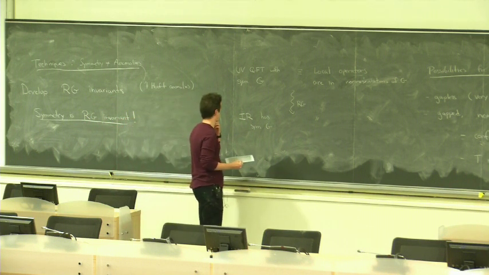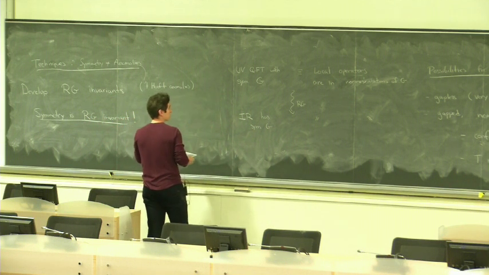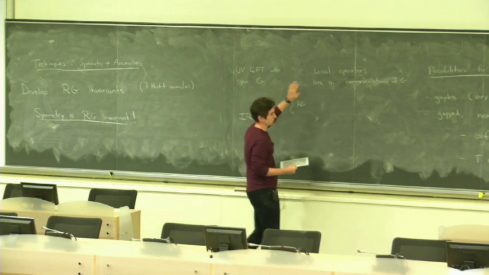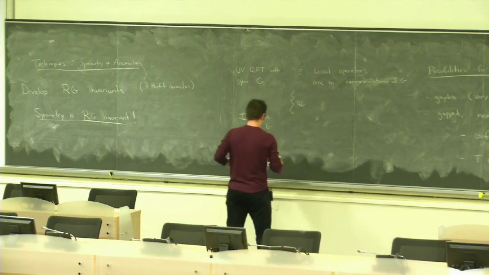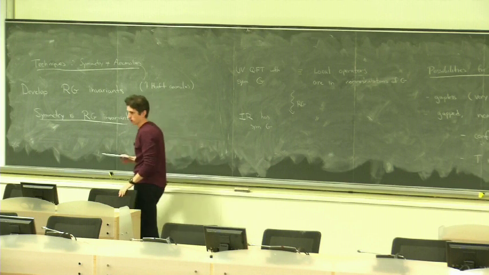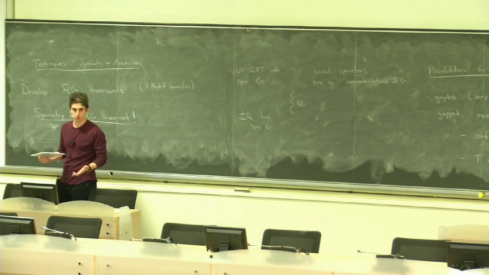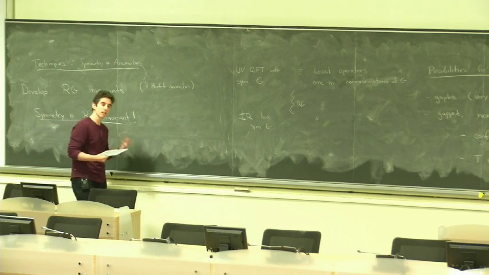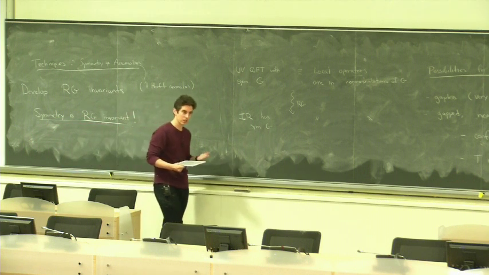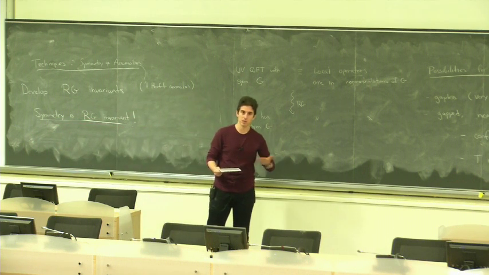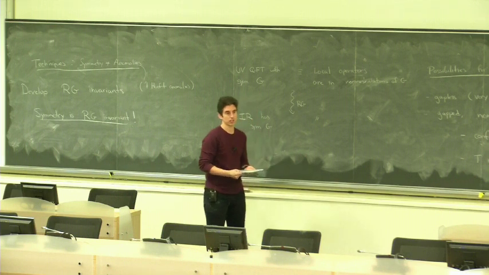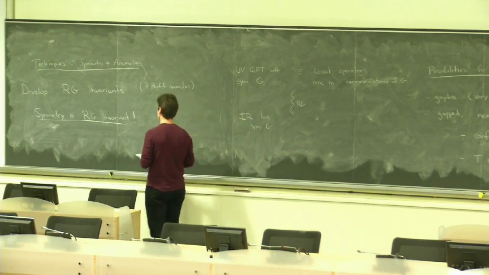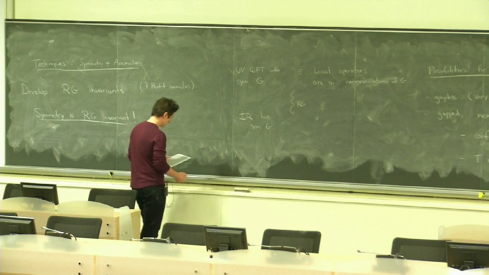Now, there's a small caveat here that I'd like to bring up. So here I focused on the action of symmetry on local operators. And you might have asked, why didn't I think about the Hilbert space? You often think about symmetries acting on the Hilbert space. So saying that the Hilbert space is in a representation of G, at least if you're talking about the Hilbert space in flat space, is not actually an RG invariant notion because of spontaneous symmetry breaking.